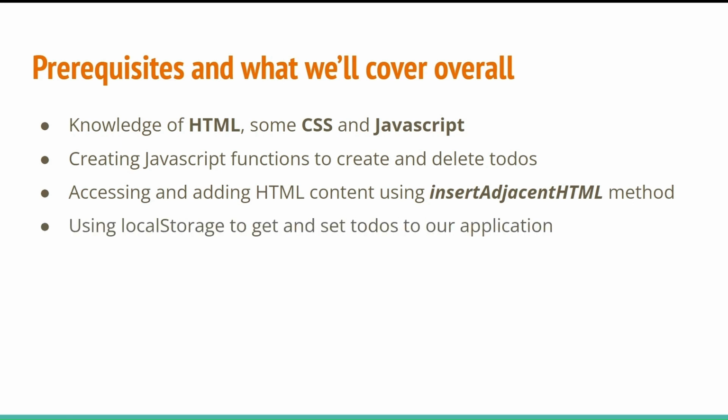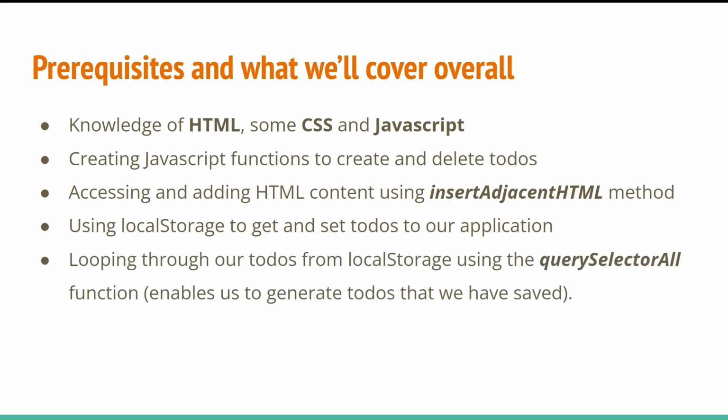We'll also be saving our to-dos to local storage, and we'll be looking at how we can get those to-dos back into our Replit application. And we'll be looking at looping through our to-dos which are in local storage using the querySelectorAll function, so that when we load the application again, we can load our to-dos from what we saved previously.